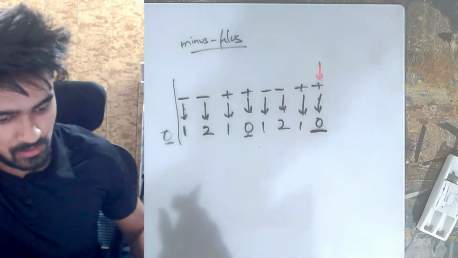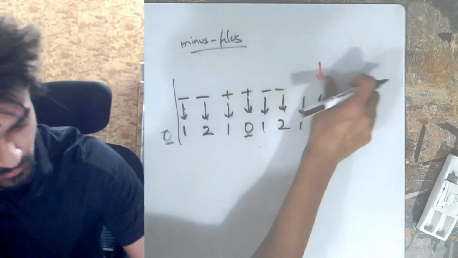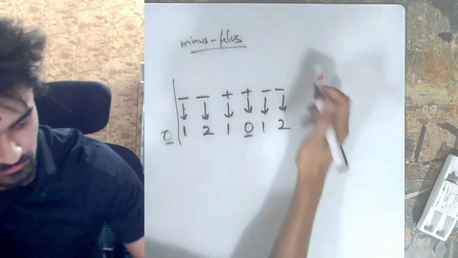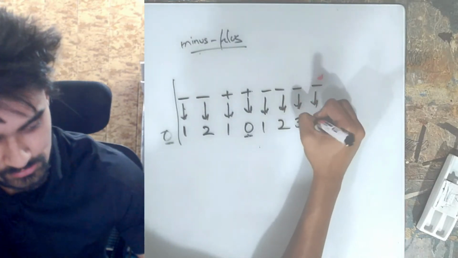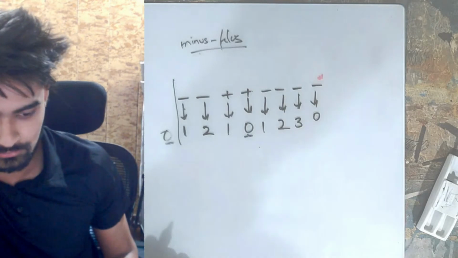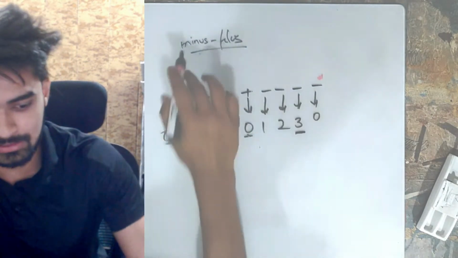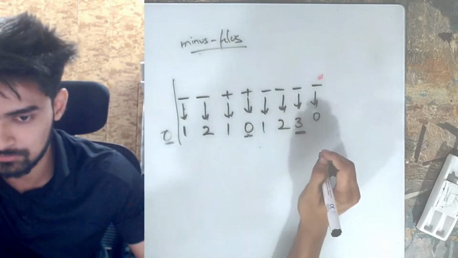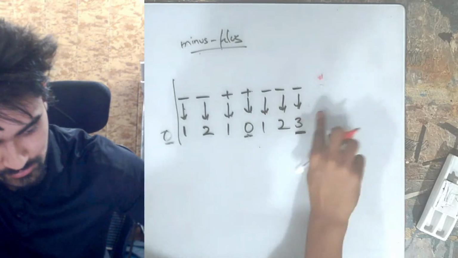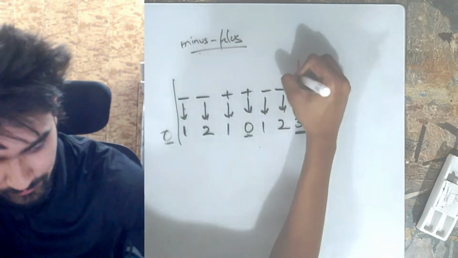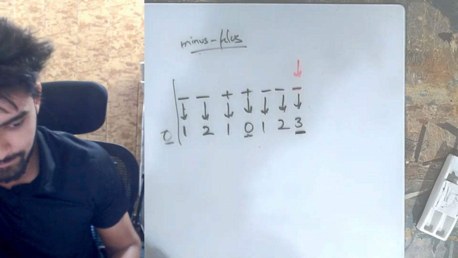Okay. Now, what if we had two minuses here also? So this is 3 and this is 0. If you see, minus minus plus is equal to 3 here. How many subarrays do we have in which we can keep this minus included?